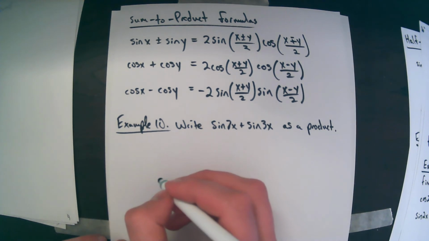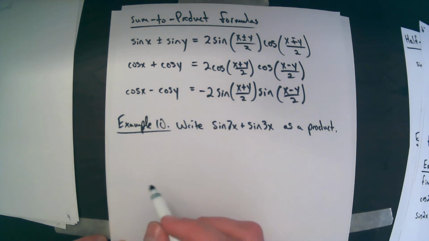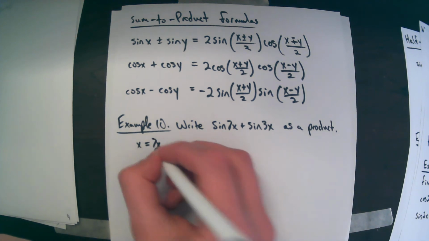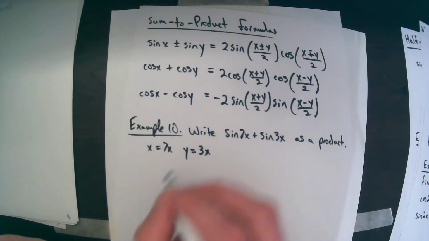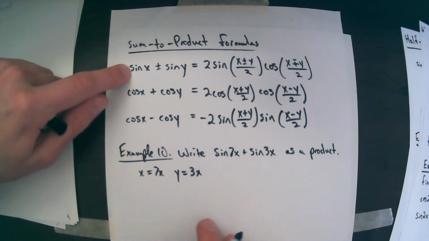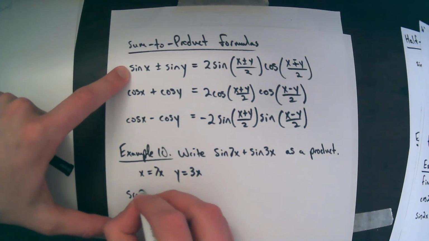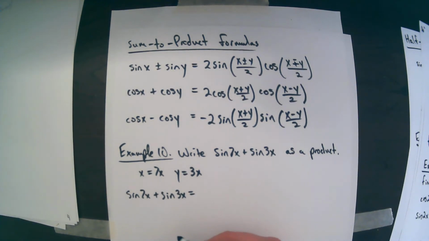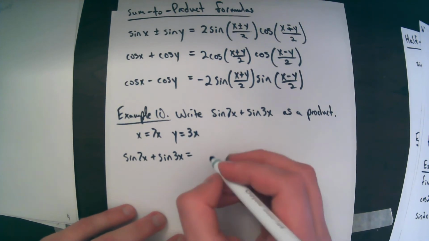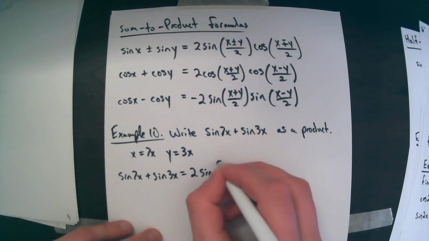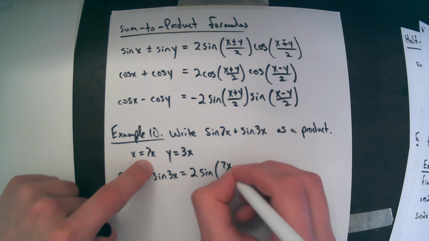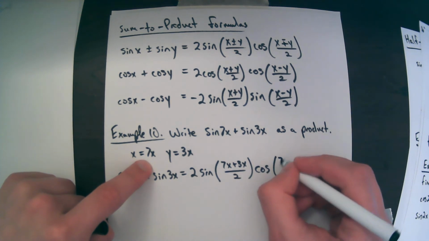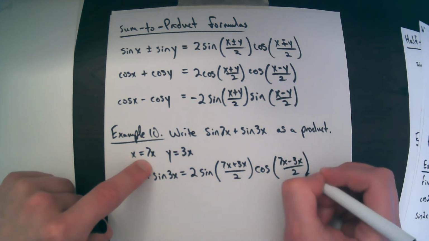Okay, so they're using x and y here. I can say this x from the formula is playing the role of 7x, and y is the 3x. And I'm using this formula with the sum, so sine of 7x plus sine of 3x is equal to 2 times sine of (7x plus 3x) all over 2, times cosine of their difference, (7x minus 3x) all over 2.